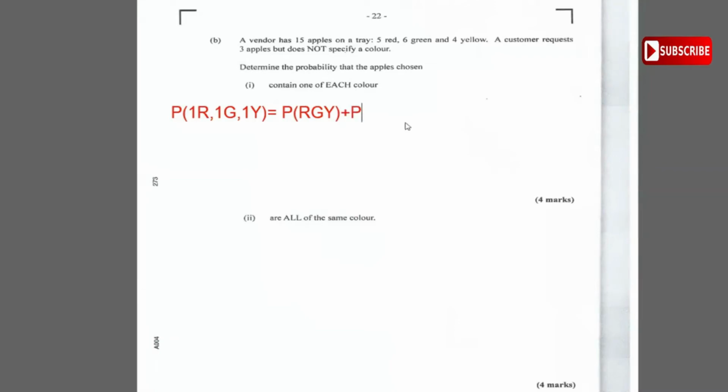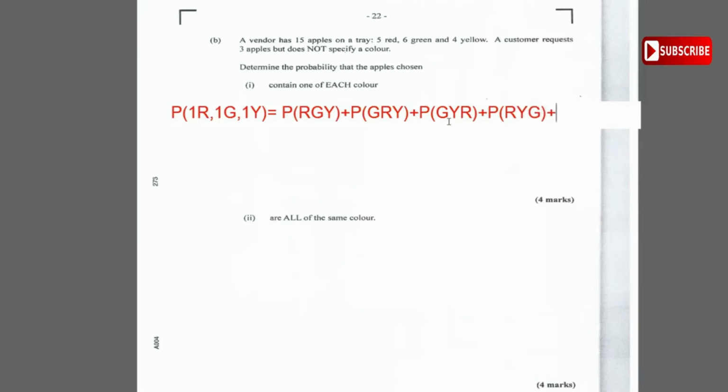Or the order matters. You can either get a green first, then a red, then a yellow, or you can get a green first, then a yellow, then a red, or you can get maybe the red first again, and maybe a yellow next, then the green.